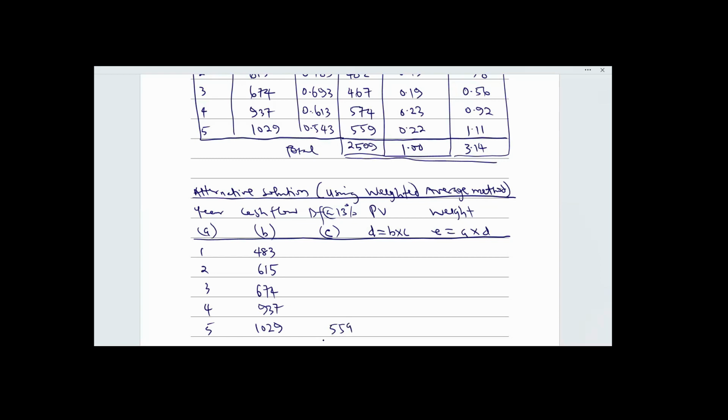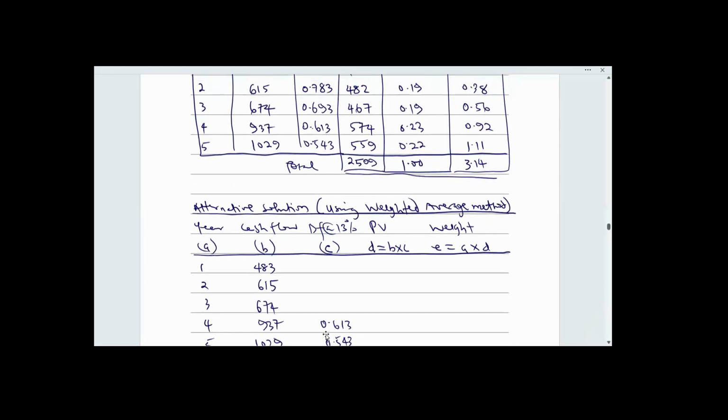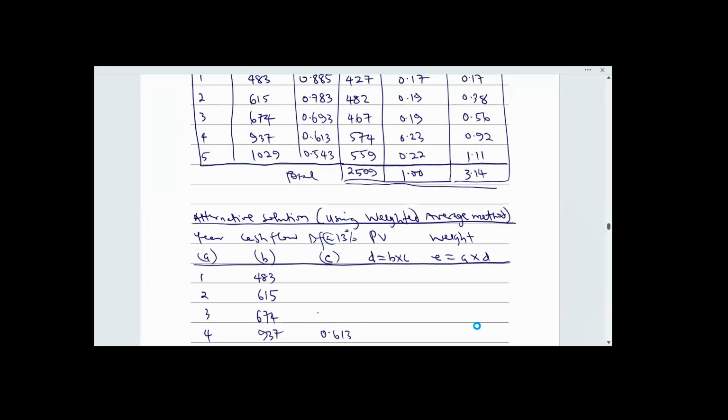Sorry, discount factor first. Discount factor of 0.543, 0.613, 0.693.